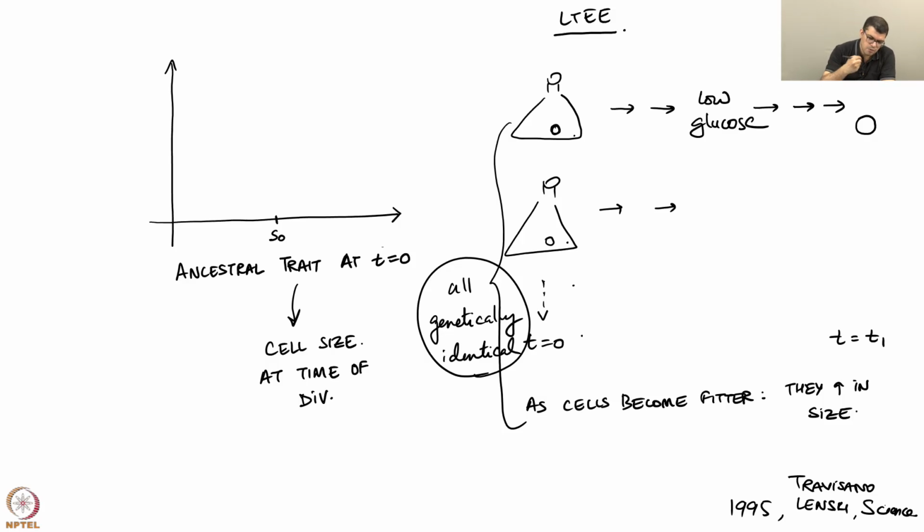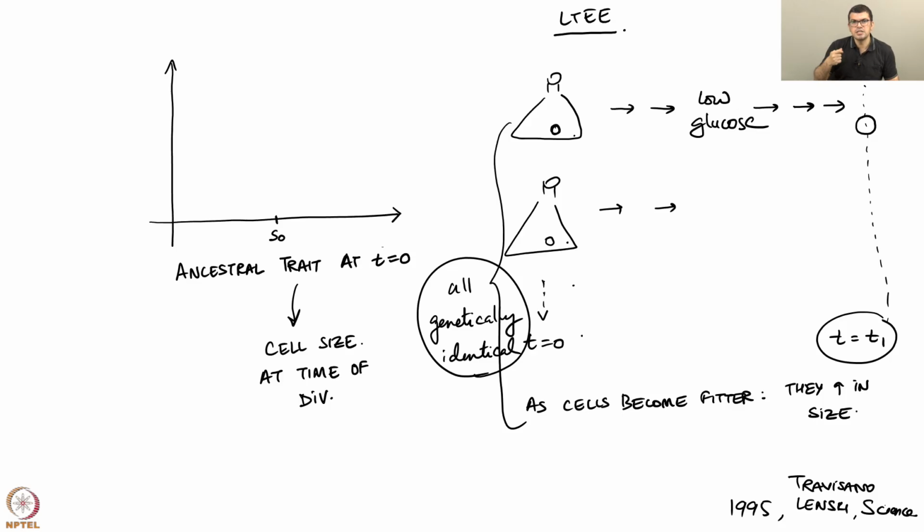Now, on the y axis we evolve this for t1 number of generations and we measure cell size for each of these 12 lines. Now, the evolved cell size may or may not be the same, because these individuals are going to pick up different mutations. These mutations may or may not have a different effect on the size of the cell that we are looking at.